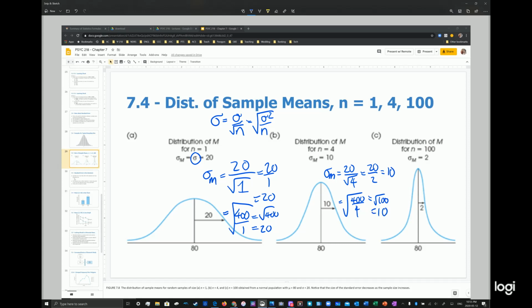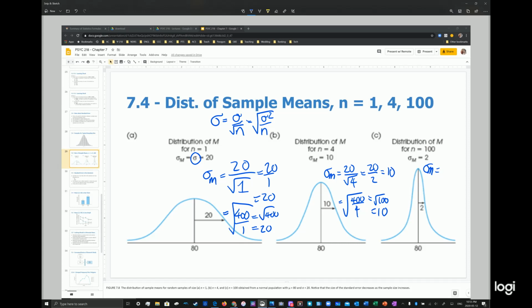And the last one, let's try it one more time. So again, we try to find the standard error, which is not the same as the population standard deviation when n is greater than 1. So let's try 100 in the denominator.